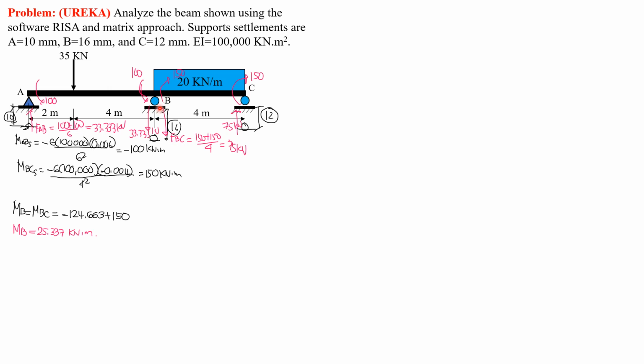Then in portion BC, the fixed end moment 150 is applied, therefore the fixed end force FBC should be downward, so that its moment about C would be counterclockwise, because these are clockwise moments. So FBC times 4 is equal to 150 plus 150, therefore FBC is 150 plus 150 over 4 or 75 kilonewtons downward here.